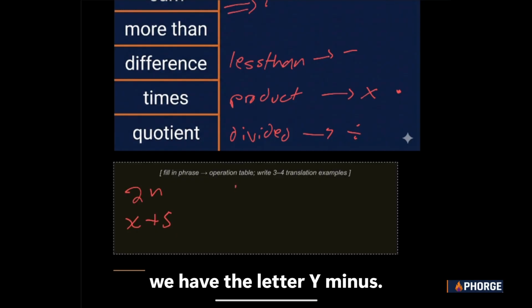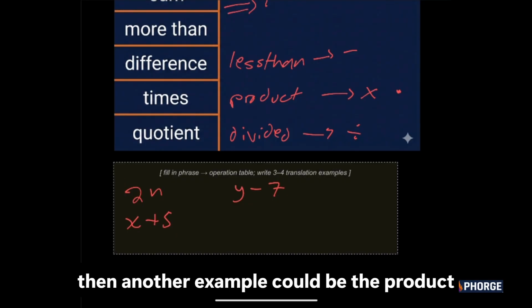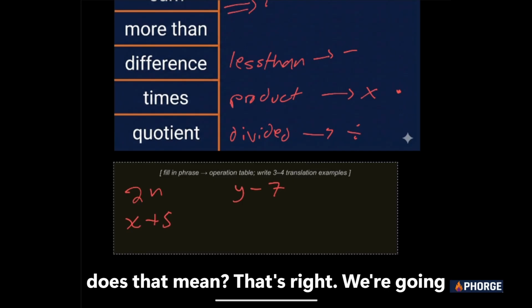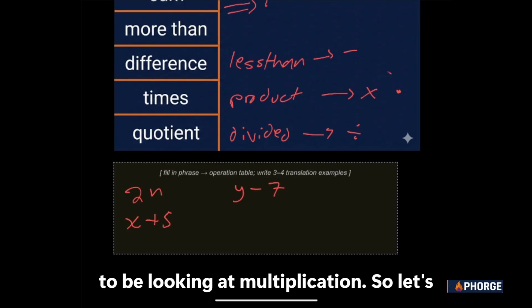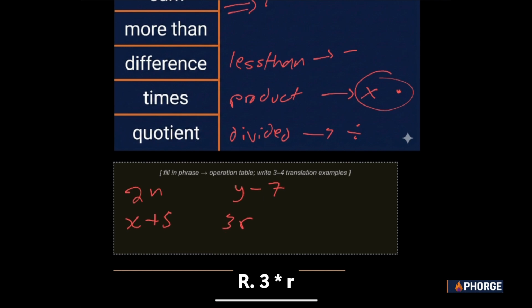Let's say we have the letter y, so y minus 7. Another example could be the product of 3 and a number. Product, what does that mean? That's right, we're looking at multiplication. Let's use one of my favorite letters, r. 3 times r, or just 3r.